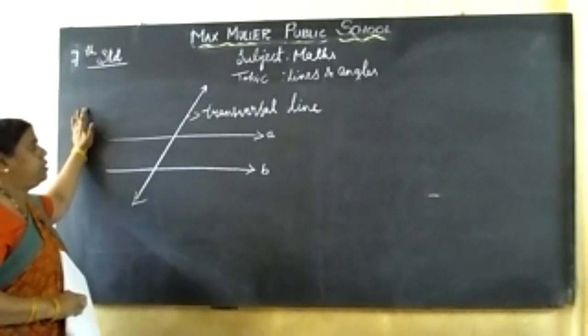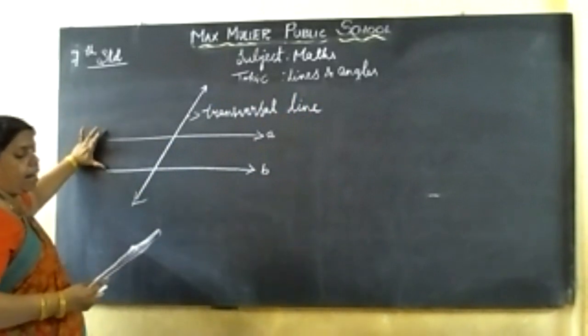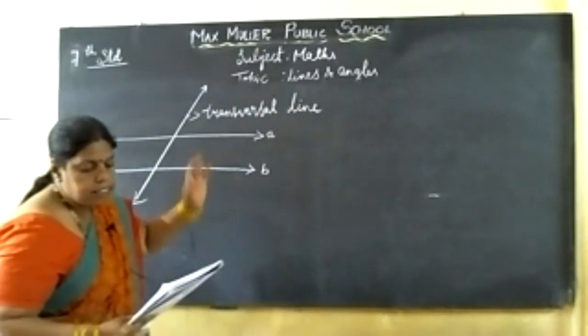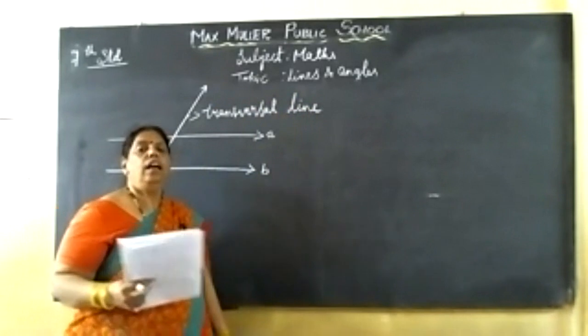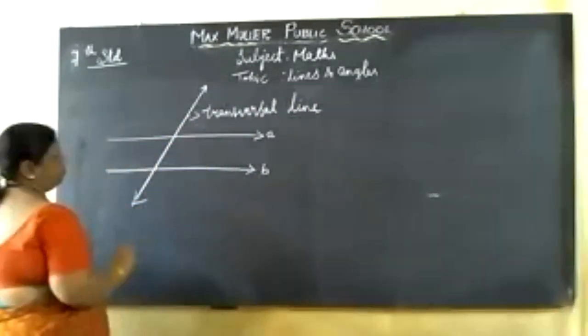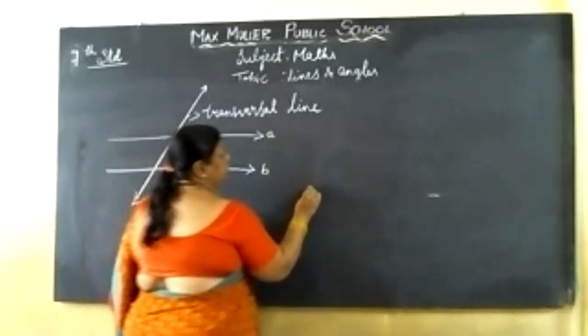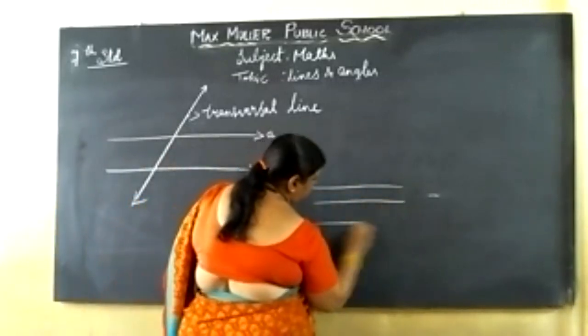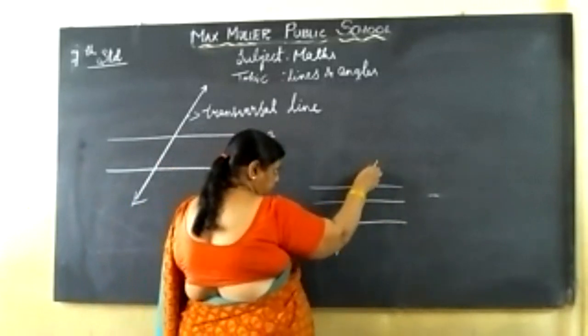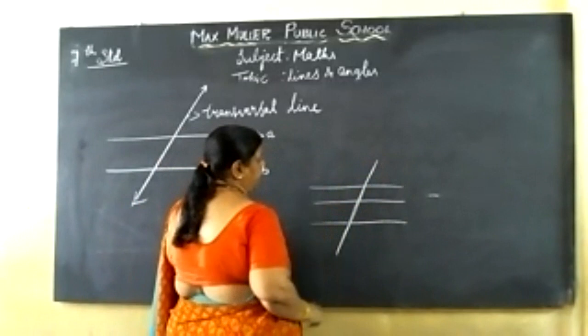Please concentrate on this one. Two parallel lines: a line that intersects two or more lines at distinct points is called the transversal. It may be two or three lines. Okay, like this. A line passes which intersects these lines.